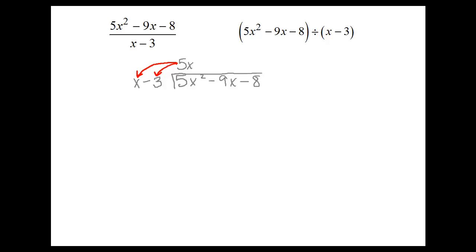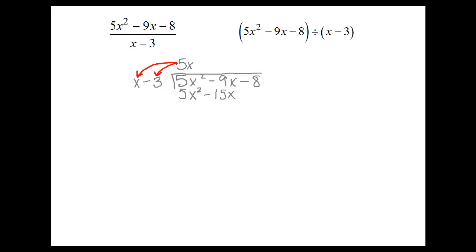So I'm going to multiply the 5x times the x and times the negative 3. And I'm going to write those terms right below the terms of the same degree. When I take 5x times x, I get 5x squared, and I write that here. And then I also take the 5x times the negative 3, and I'll have a minus 15x.